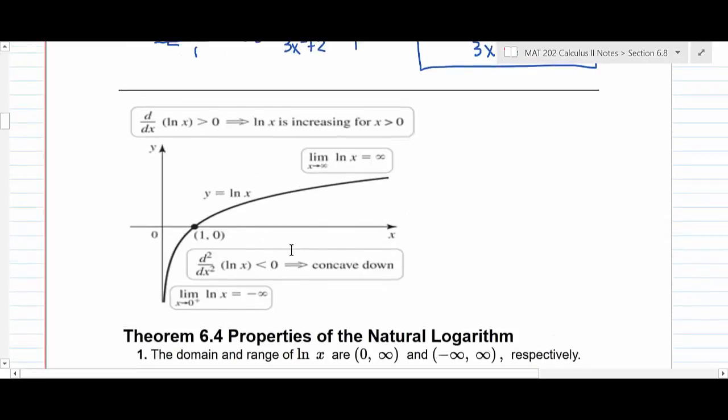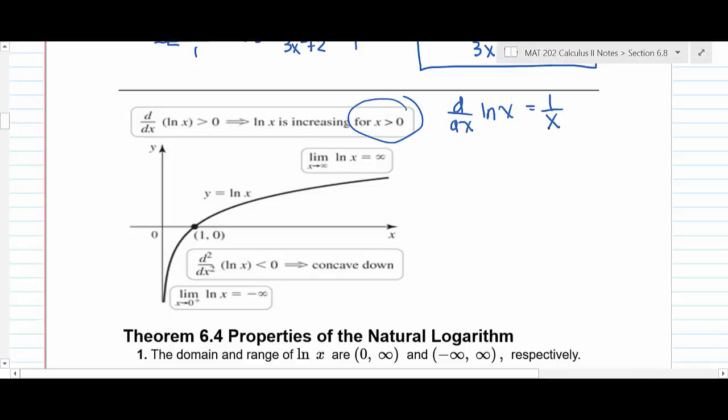A couple of things I want to show you are mostly Calc 1 stuff. This is the graph of the ln right here, and you can see it's always increasing for x greater than 0. I want to use this as an opportunity to show you how you would show that with calculus. If you did the derivative of ln of x, you know that's 1 over x.